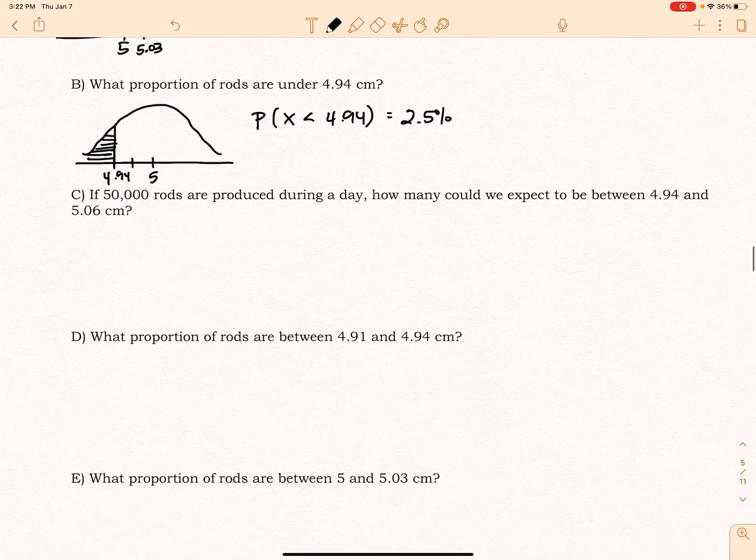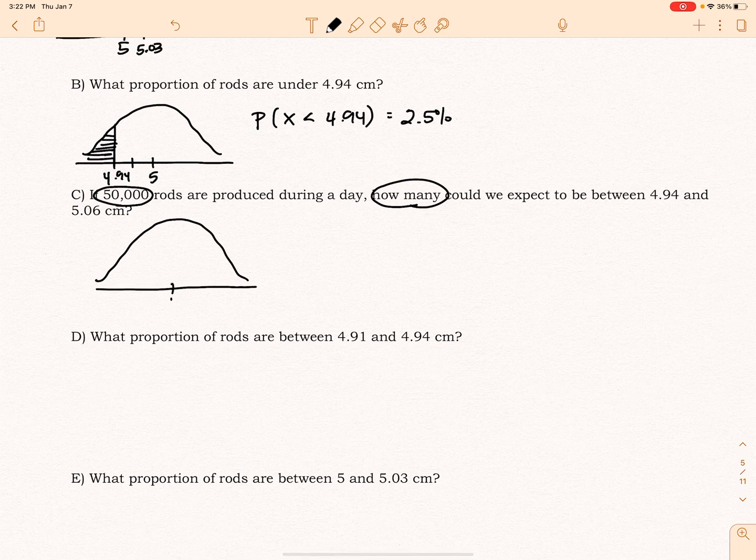And then in the next problem, if 50,000 rods are produced during a day, how many would we expect to be between 4.94 and 5.06? Okay, so I'm going to go ahead and find that. So that's 5, 5.03, 5.06, 4.97, 4.94. Those are 2 standard deviations, so that's 95% right there.